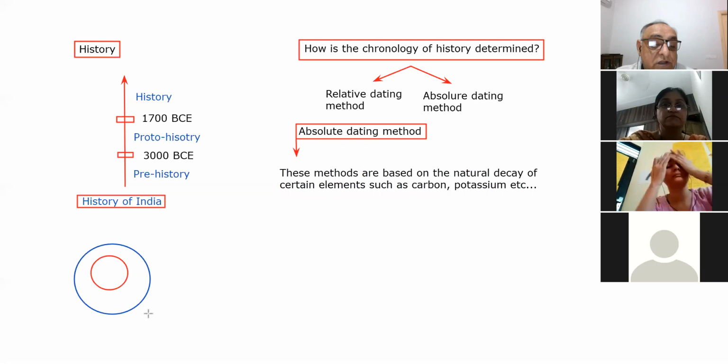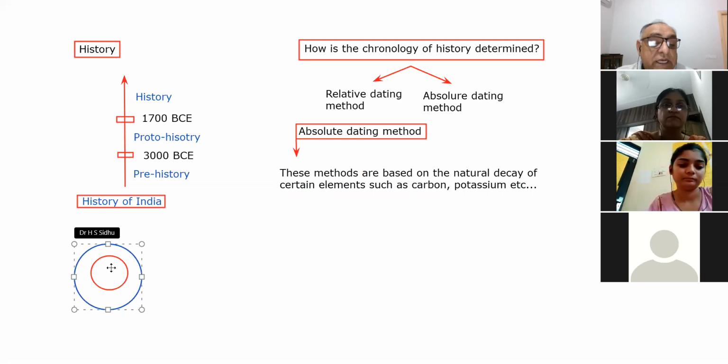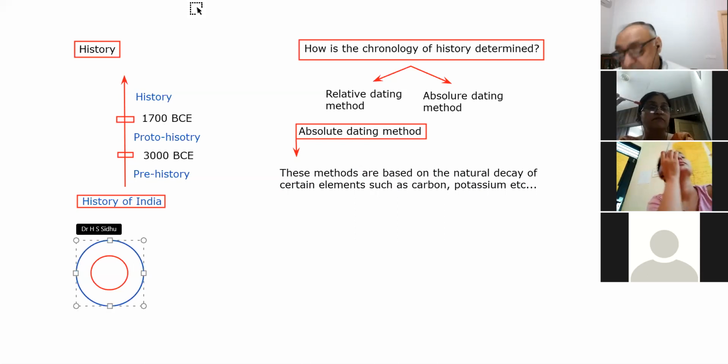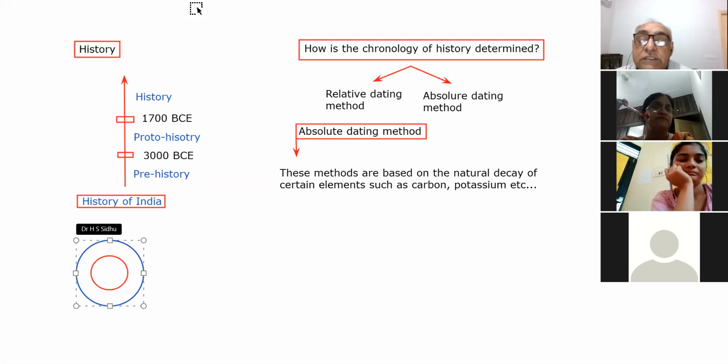And beta, as far as these atoms are concerned, inside an atom there is a nucleus. In every atom there is a nucleus, and in the nucleus there are protons and neutrons, right?